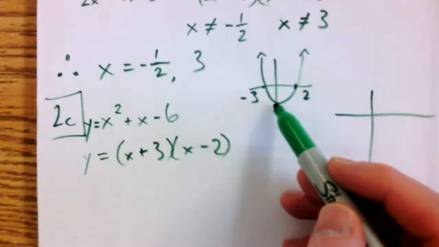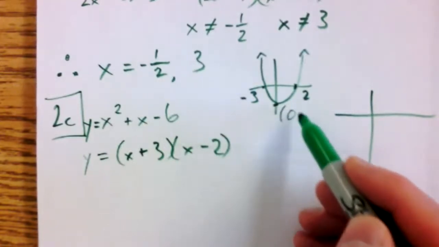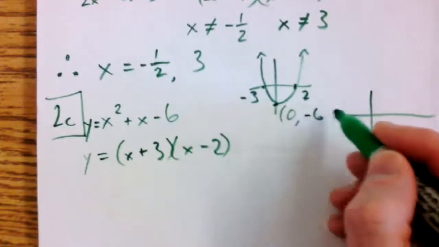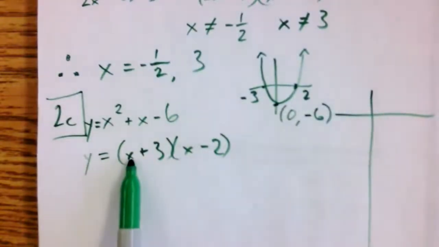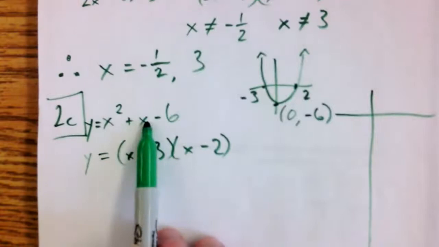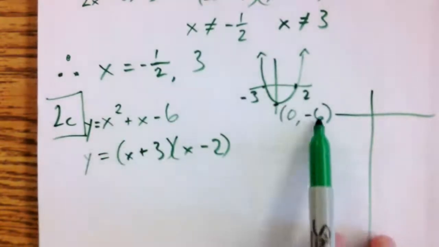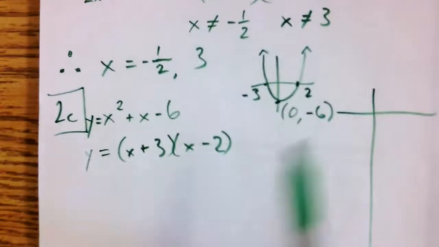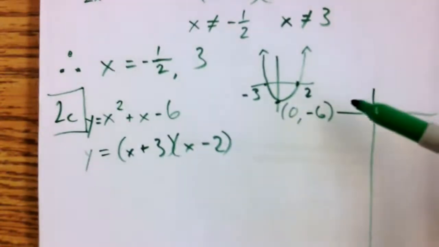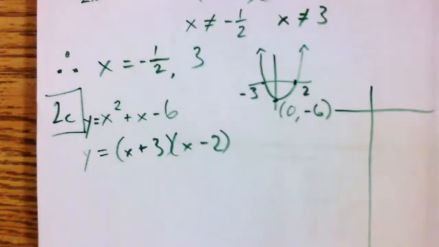To find the y-intercept, that's when x is 0, right? This point right here is 0, -6. We know that because we plug 0 in for x. You can just do it up here: 0 plus 0 minus 6 is -6. And that's where the y-intercept would be. It's so much easier this way, but I just haven't got to it yet.